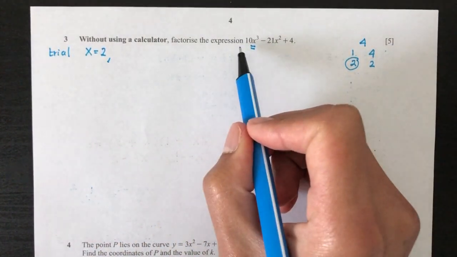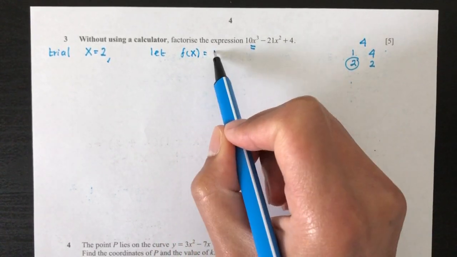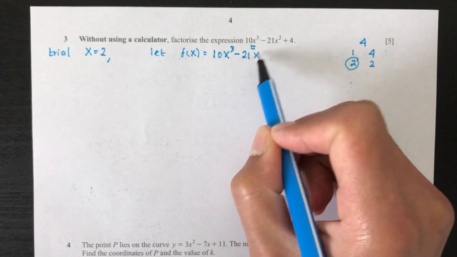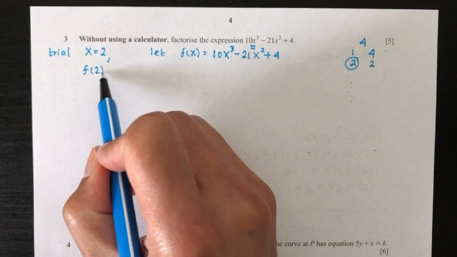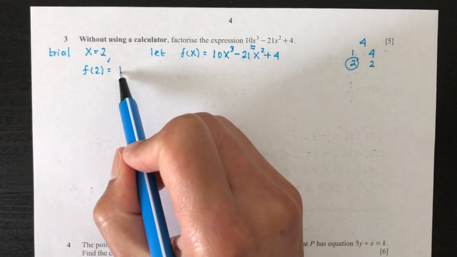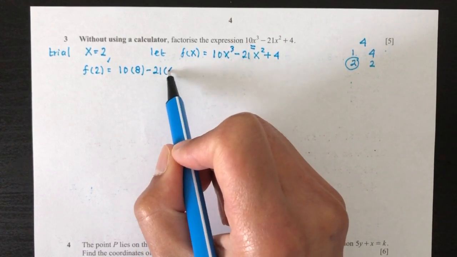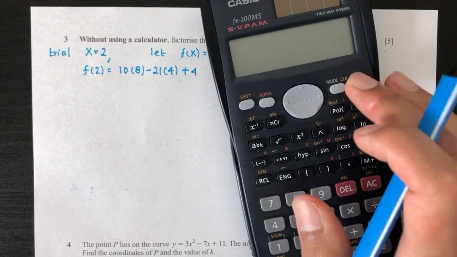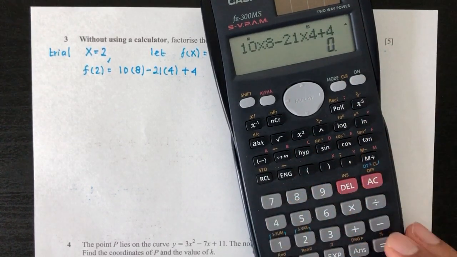Let's see what happens. So let f of x equal to this one: 10x cubed minus 21x squared plus 4. Now let's find f of 2, where x is equal to 2. So 10 times 8 minus 21 times 4 plus 4, that should be 0.